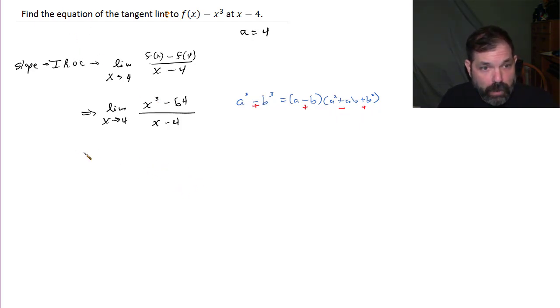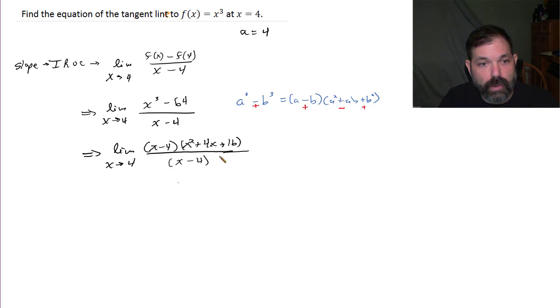Okay, so then this factors. We have the limit of x approaching 4. The numerator factors as x minus 4 times x squared plus 4x plus 16. The denominator is still x minus 4.